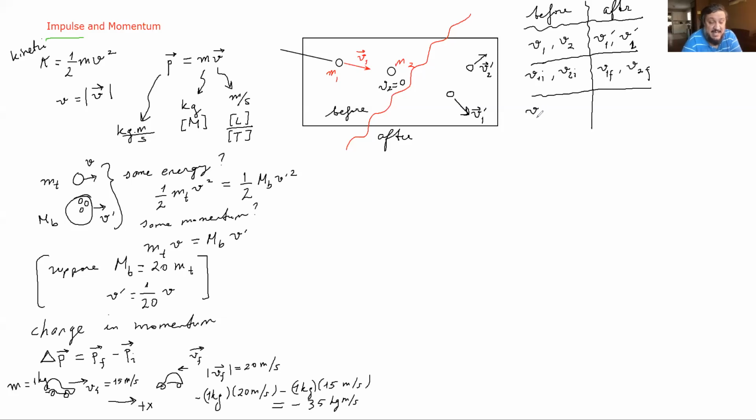They name them A and B. So A, the first ball, let's say VA1, and the second ball, B, VB1. 1 means before, and 2 means after. So VA2 and VB2. Okay, so these are the notations I've seen. Maybe there are other notations. Doesn't matter how you notate them, as long as you're consistent.